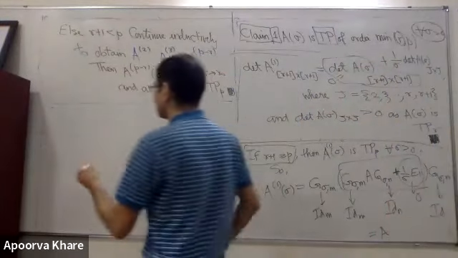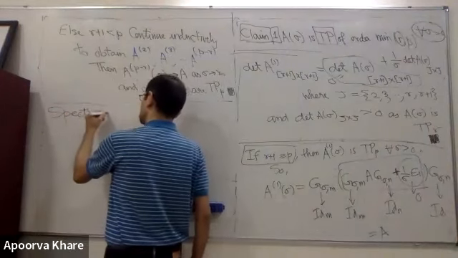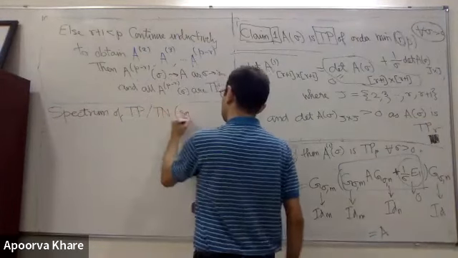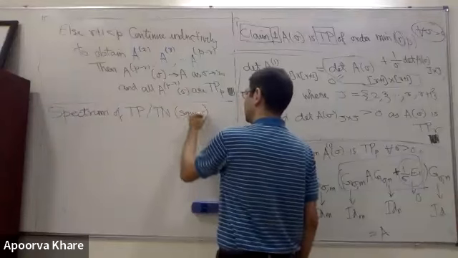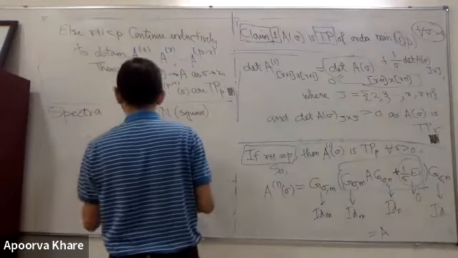If not, then finally we come to the spectral properties. I should probably say spectra because there are two.